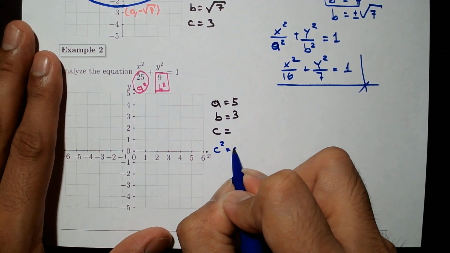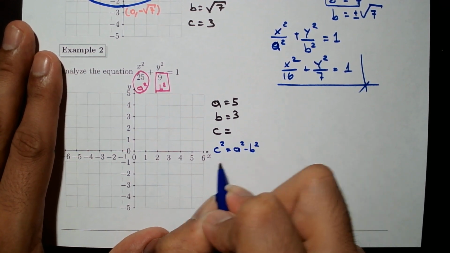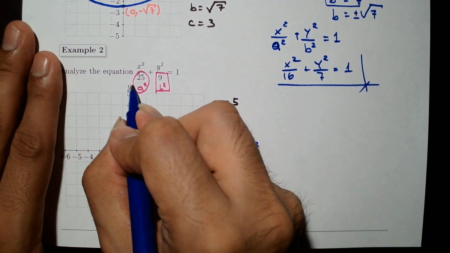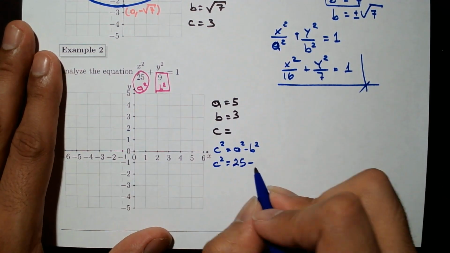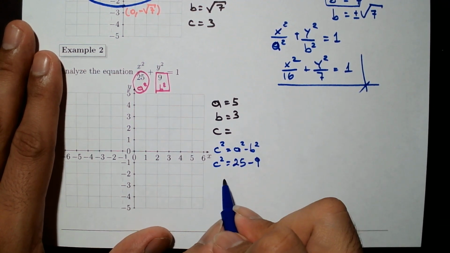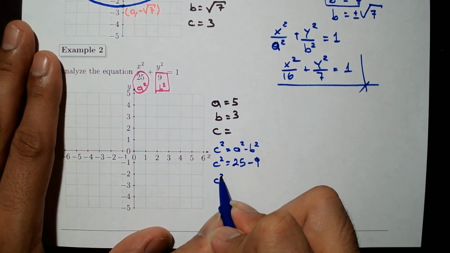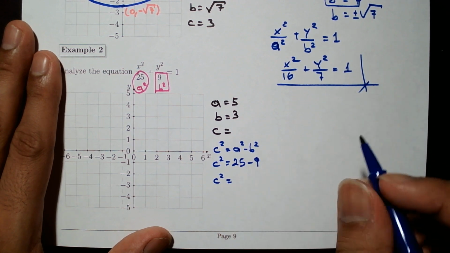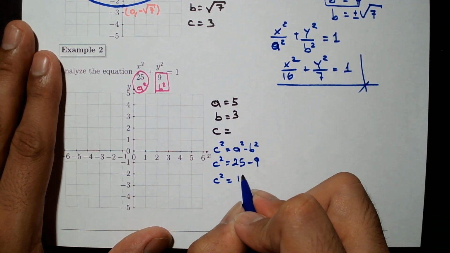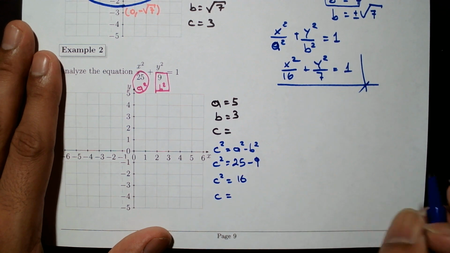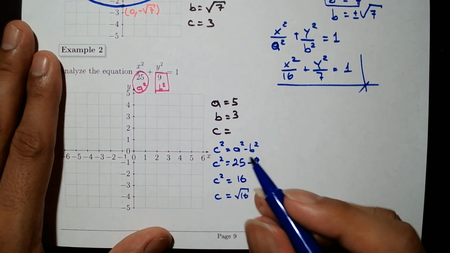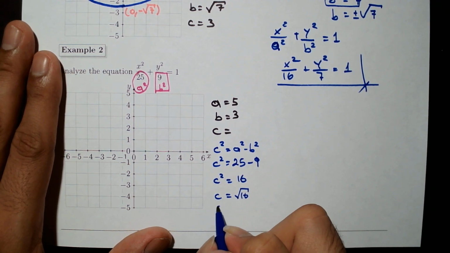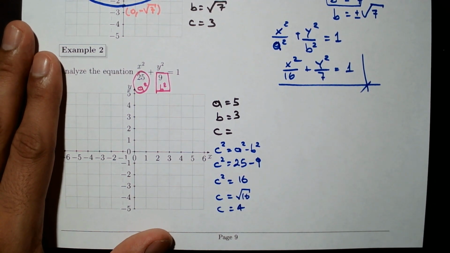C squared equals a squared minus b squared, which in this case, c squared equals a squared, which is 25, minus b squared, which is 9. 25 minus 9, c squared equals 16. And c will be the square root of 16, which equals, well, plus minus. It doesn't matter if we don't write the plus minus. Is 4. So C equals 4.